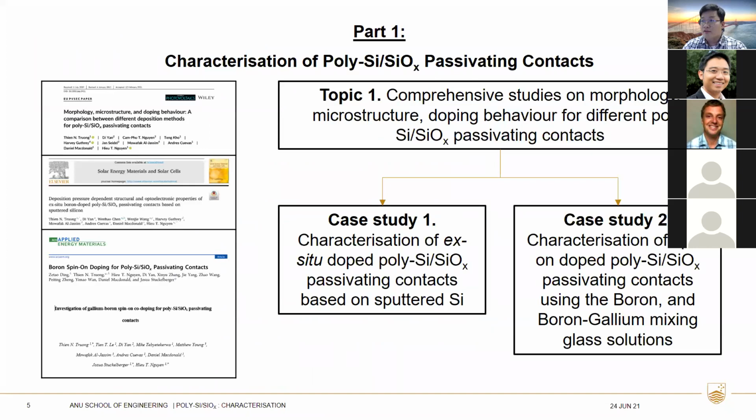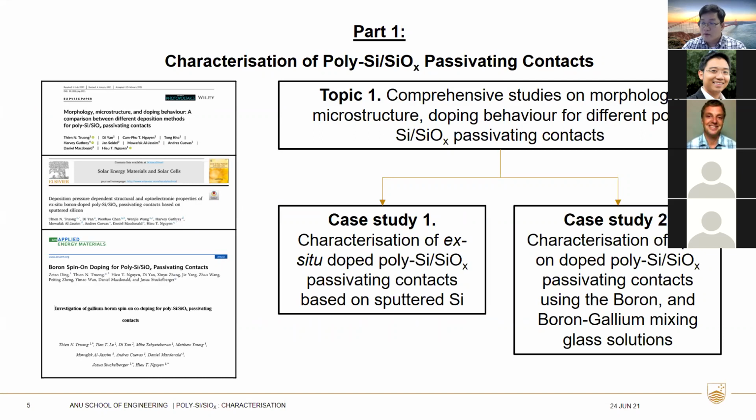Let's jump to part one. In the first part, we will do the characterization of the polysilicon passivating contacts. Firstly, we will comprehensively study the morphology, microstructure, and doping behavior of different polysilicon passivating contacts prepared by different deposition methods.